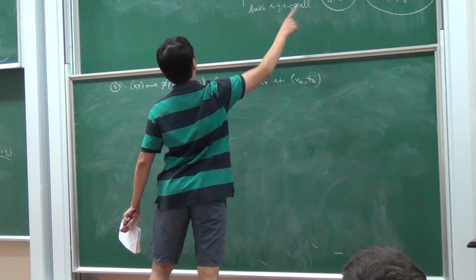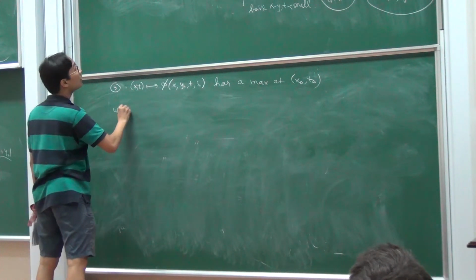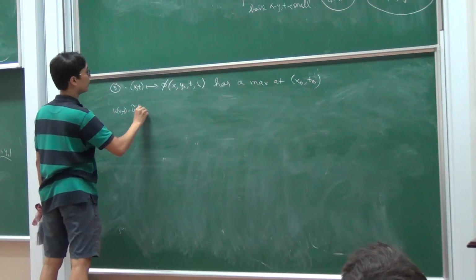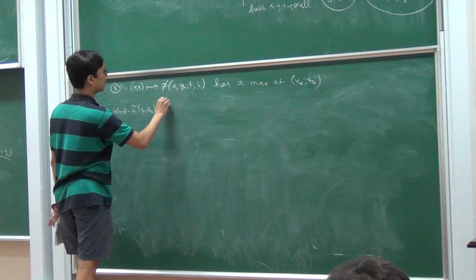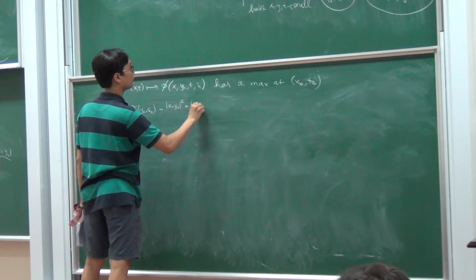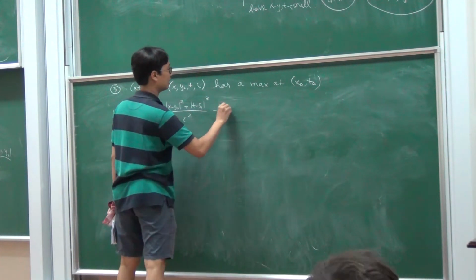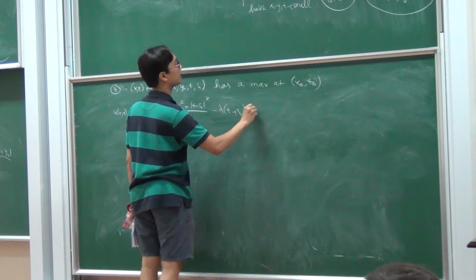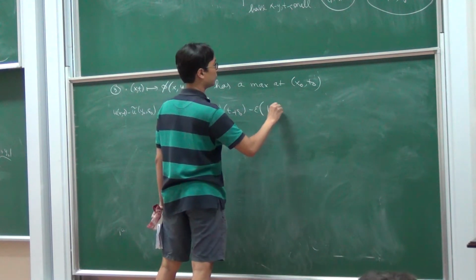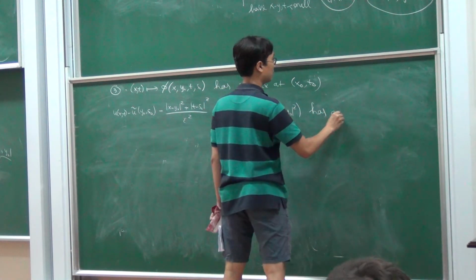Look, what do I have? So that means I have u(x,t) minus u tilde (y0, s0) minus (|x - y0|² + |t - s0|²) over epsilon squared minus lambda t plus s0 minus epsilon (|x|² + |y0|²) has a max at (x0, t0).